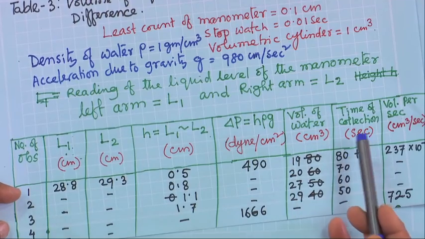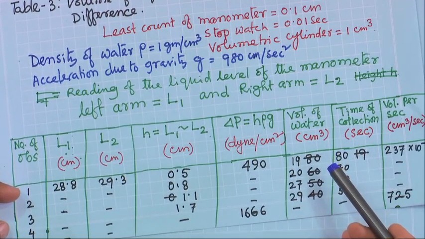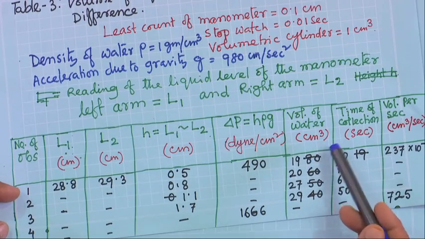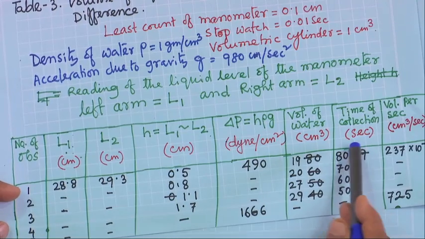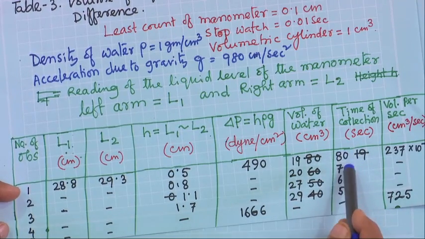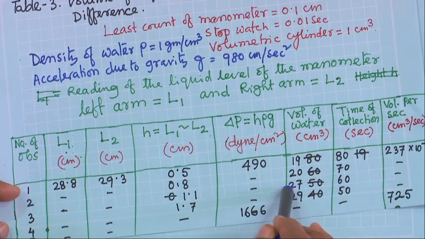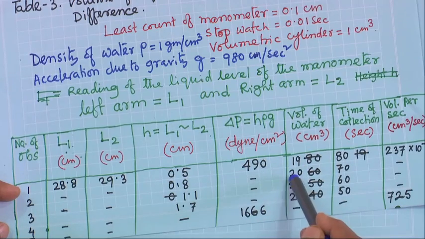Now, generally students will take 80 seconds for the other cases also. So, they keep this one fixed, 80 seconds for the next one, and again 80 seconds for the next one. Then you see the volume of water will be higher and higher.